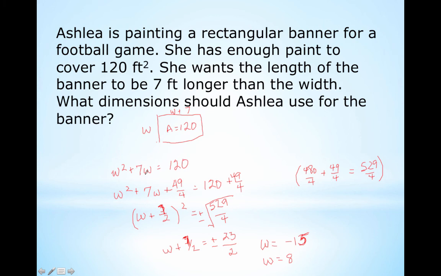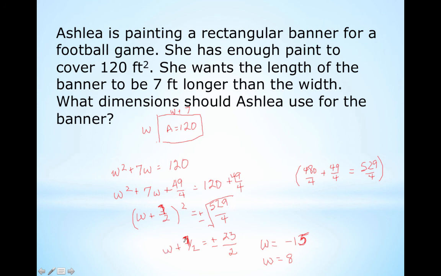So I'm going to take half of that value, 7 over 2, square it, which is going to give me 49 over 4. Add it to both sides. What I showed you over here is if I change that 120 into fourths, 480 over 4 is the same value as 120. I can add those together and get 529 over 4. So w plus 7 over 2 squared is equal to the positive or negative root of 529 over 4.